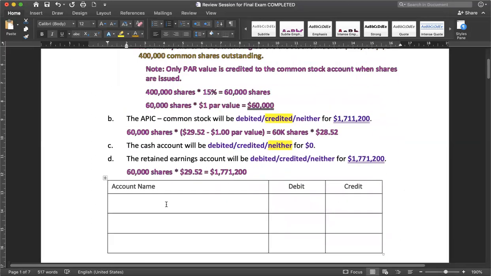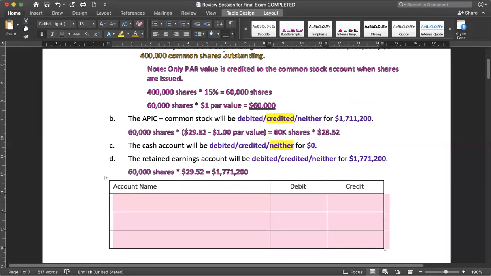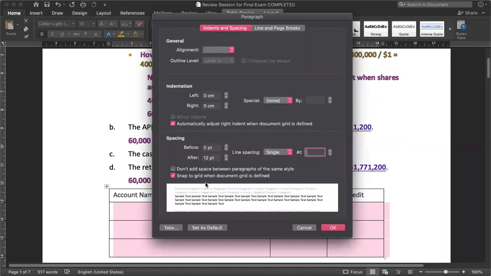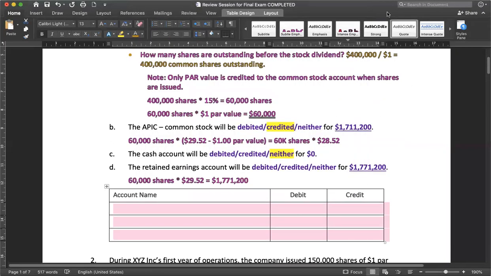Now I've added here a journal entry sheet, because what I'm going to do is now record the journal entry that we would prepare when this stock dividend was declared.